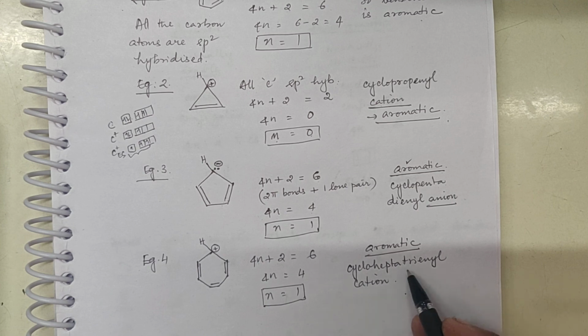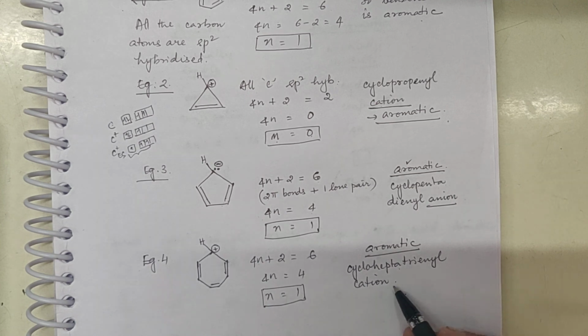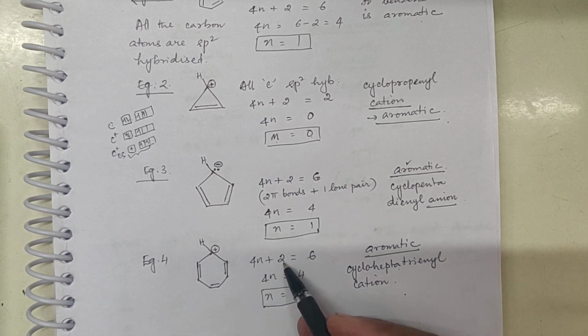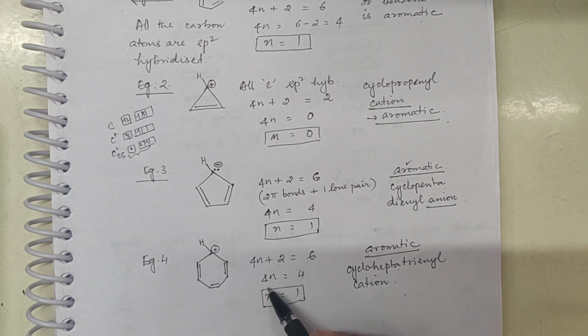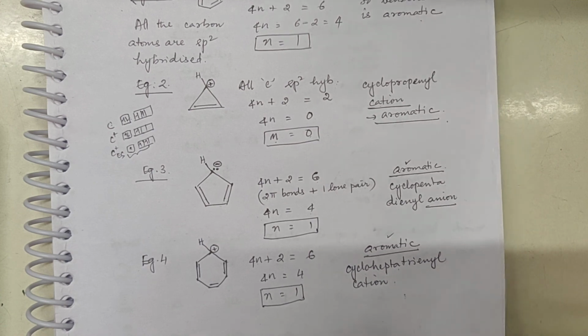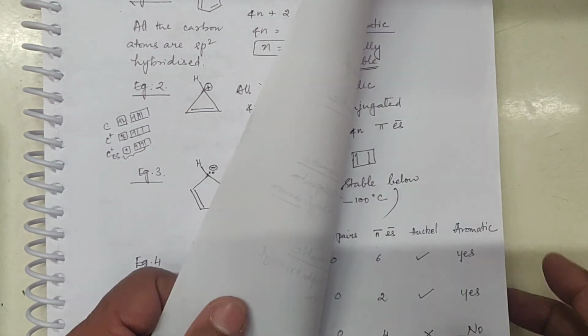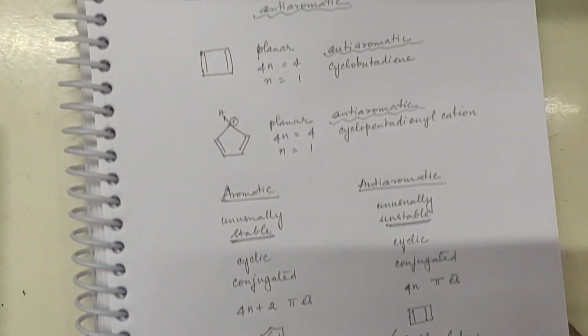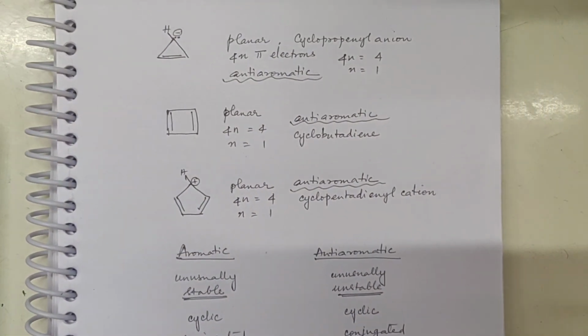It is the cycloheptatrienyl cation. There are 3 double bonds, is it not? So it is a trienyl cation. Now here 4n plus 2 is equal to 6, so 4n is equal to 4, or n is equal to 1. So this is also aromatic. Okay. So this is how you find out whether a particular substance is aromatic or not. Now let us see some more examples and find out whether they are aromatic or not.